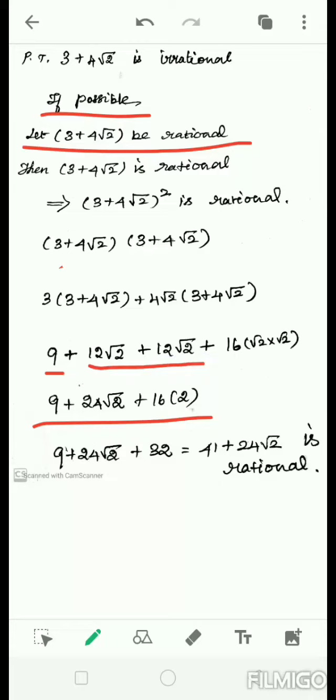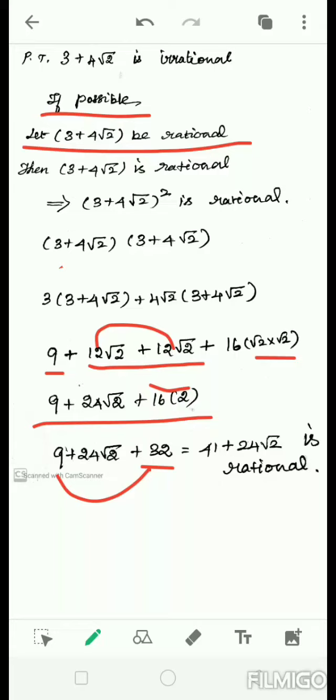We apply the algebraic concept: in algebra, if you are adding 2x plus 2x, we add only the coefficients, right? So here also you add only 12 plus 12, it is 24 root 2, and root 2 into root 2 becomes 2, so it is 16 into 2, that is 32.